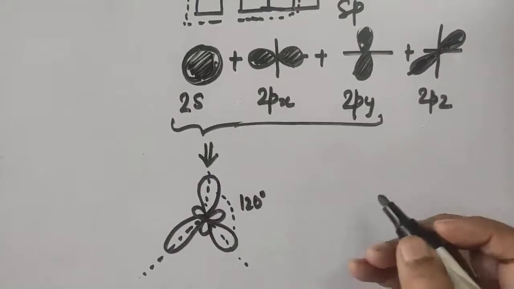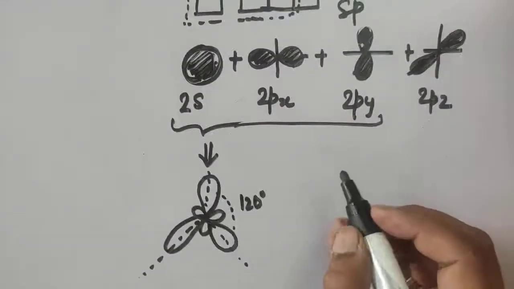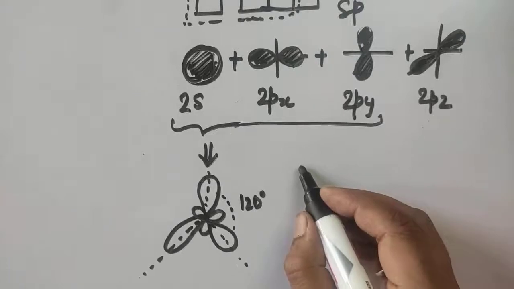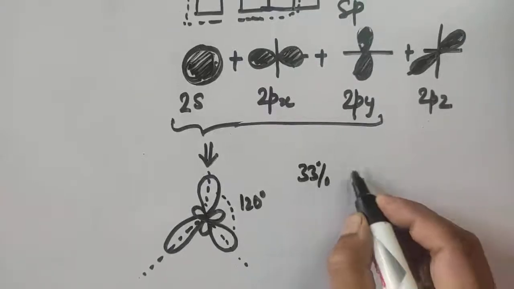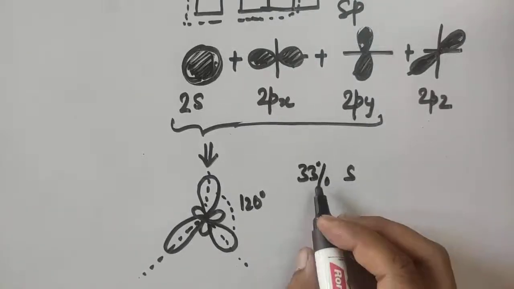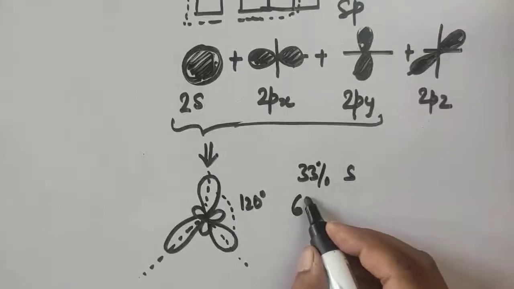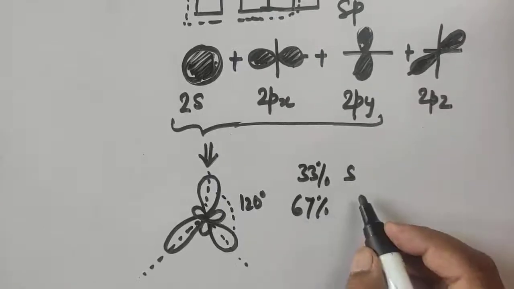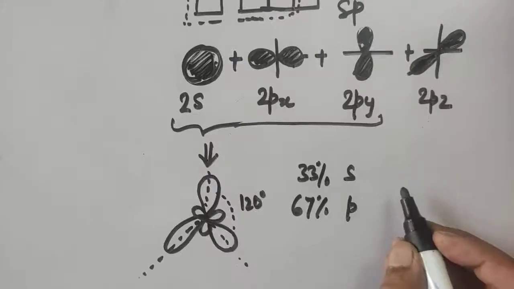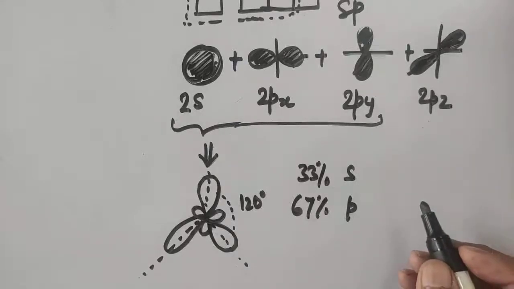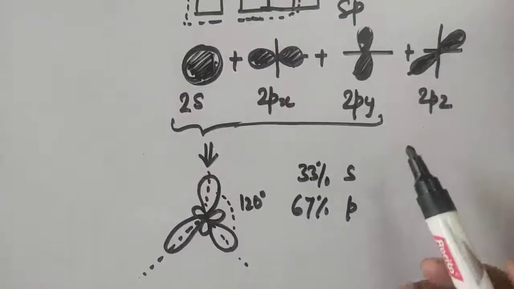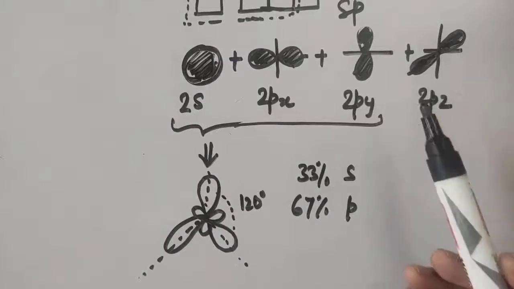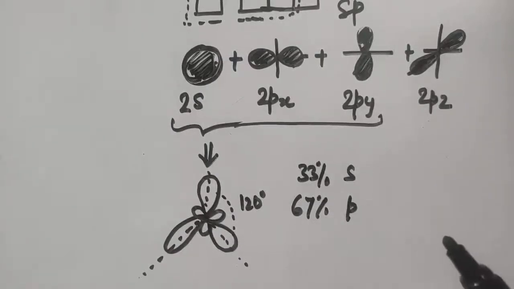The hybrid orbitals thus formed have 1/3 s character, that is 33% s character, and about 67%, that means 2/3, p character. The non-participating p orbital, if half filled, can form a bond with other atoms having half filled orbitals.